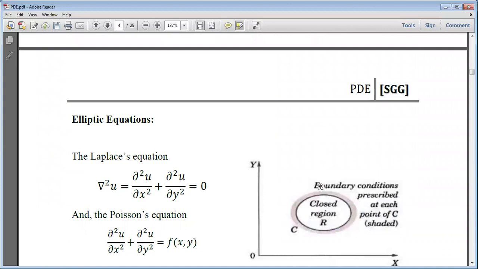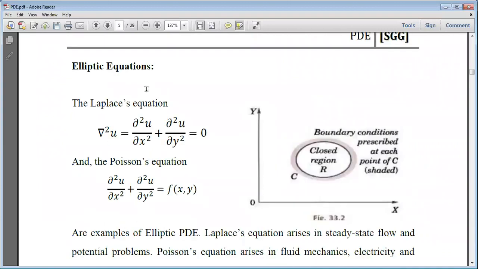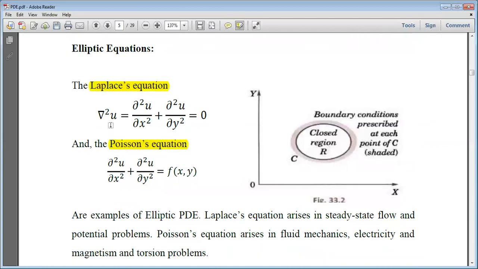Now let us understand what an elliptic equation is. Elliptic equations are of two types. The first one is the Laplace equation and the second one is Poisson's equation. Let us understand the difference between Laplace and Poisson's. The Laplace equation, ∇²u, is equal to ∂²u/∂x² plus ∂²u/∂y² equal to 0.